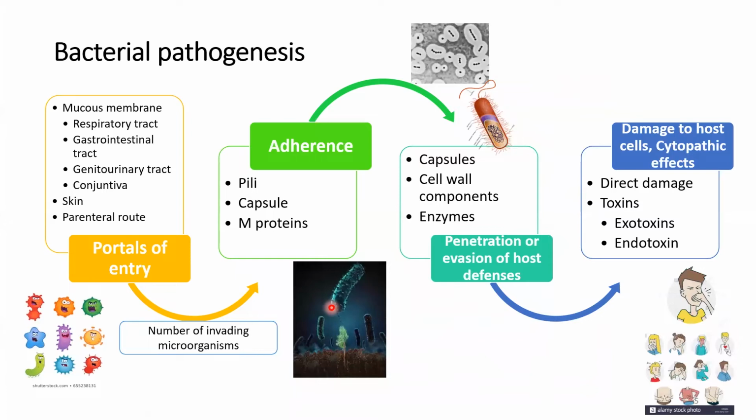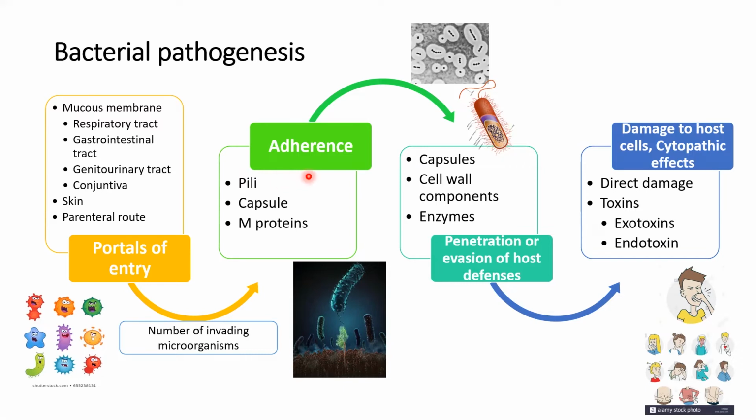So getting back to bacterial pathogenesis, Ajahn Scarlett has already mentioned how bacteria cause disease. In the first step, bacteria need to enter our body via many routes, and then they adhere to the host using their virulence factors.